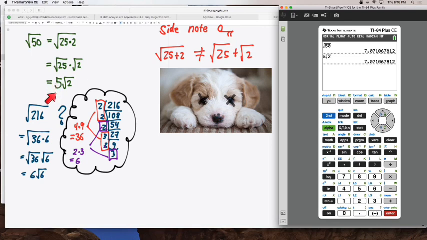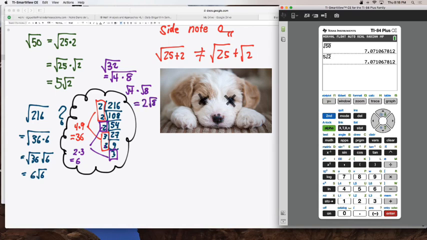The only thing that you should do to check that a calculator can't check for you is to make sure the number that's left over is, in fact, completely simplified. I'll give you an example of what I mean. A lot of times when people are asked to find the square root of 32, they would say, well, that's easy. That's 4 times 8. And then they would take the square root of 4 times the square root of 8, and they would get 2 square root of 8.